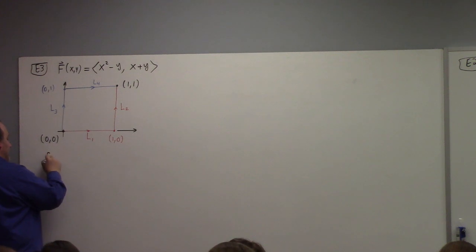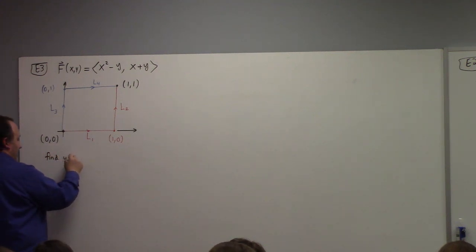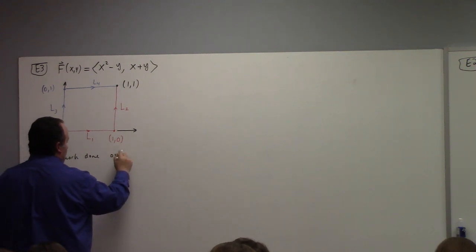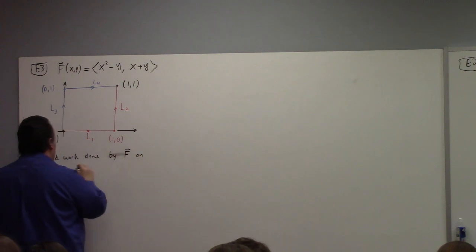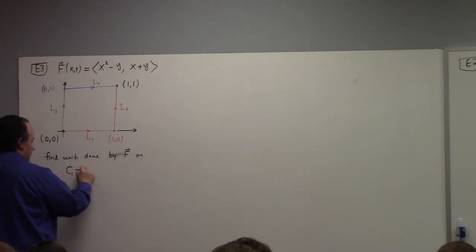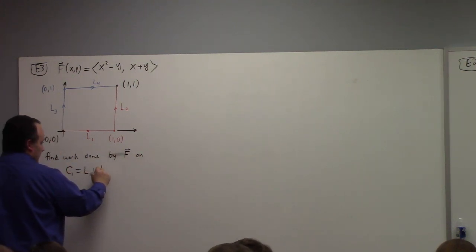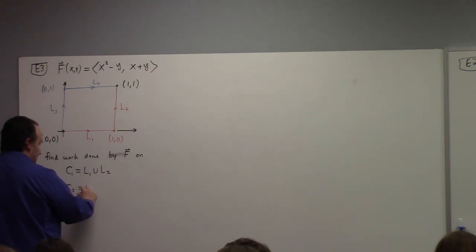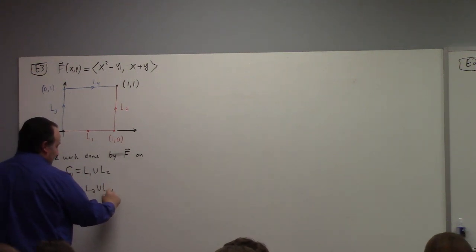I want to find the work done by F on curve 1, which we're going to form by taking L1, then L2, and then curve 2, which we're going to let be line segment L3, then line segment L4.